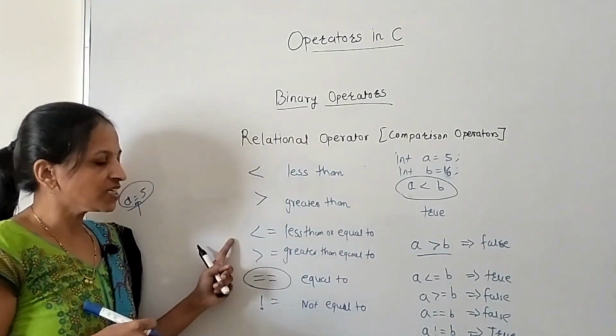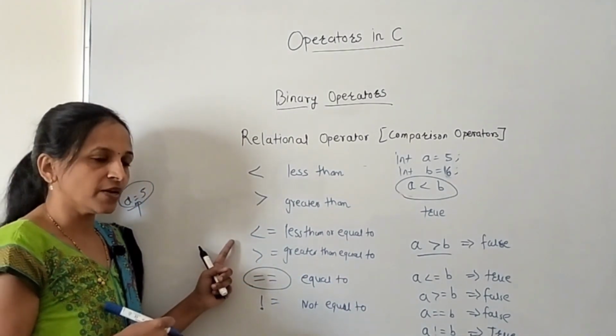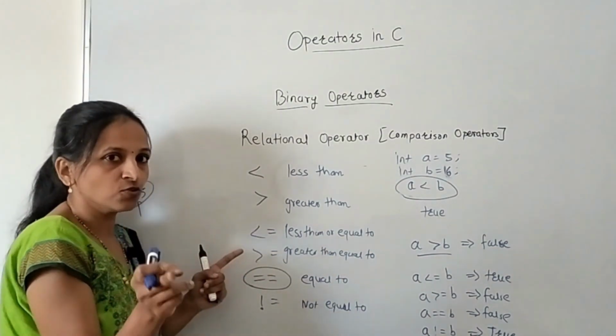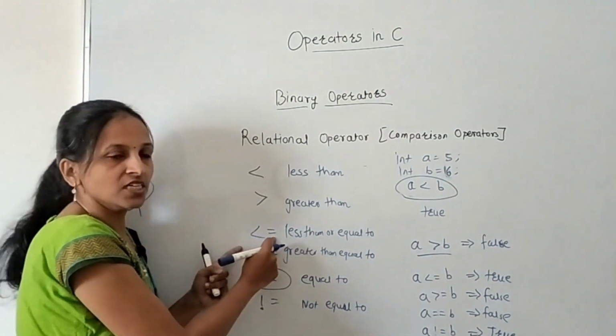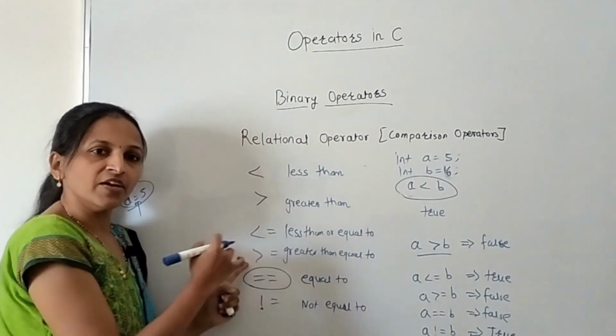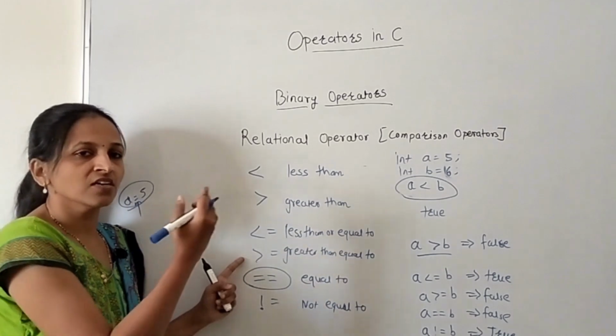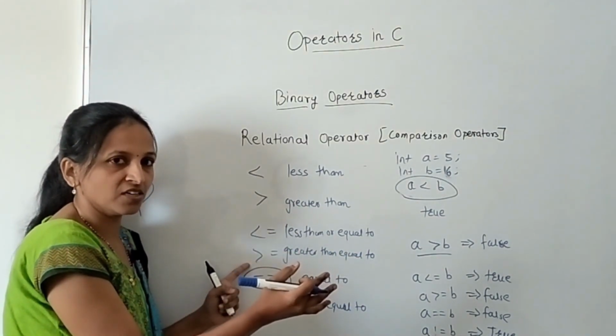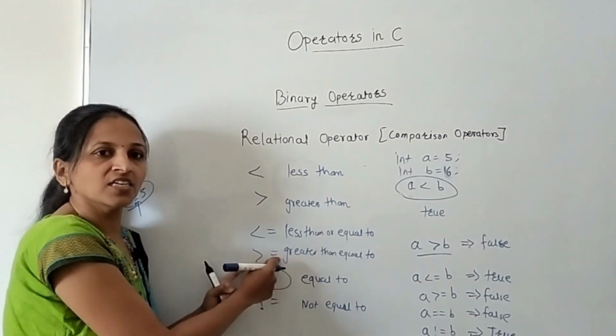Less than or equal to returns true if the left operand is less than or equal to the right operand, otherwise false. Greater than or equal to returns true if the left operand is greater than or equal to the right operand, otherwise false.